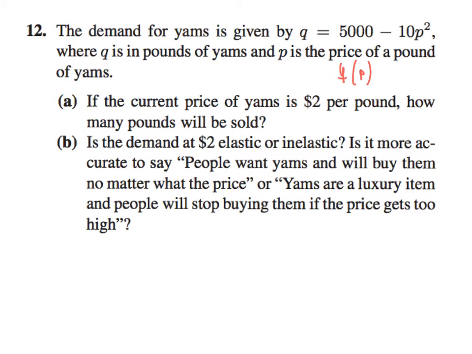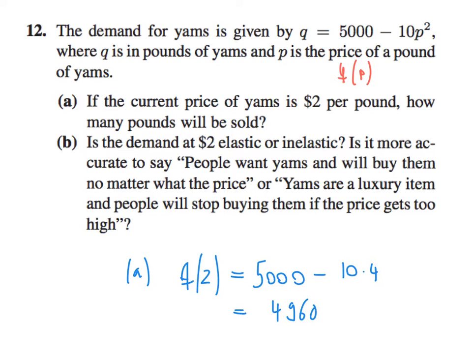Well, that's easy. We just plug in. So for part A, we just compute Q of 2, because that's the price. So that would be 5,000 minus 10 times 2 squared, so that would be 4, and so that would be 4,960. 5,000 minus 40.